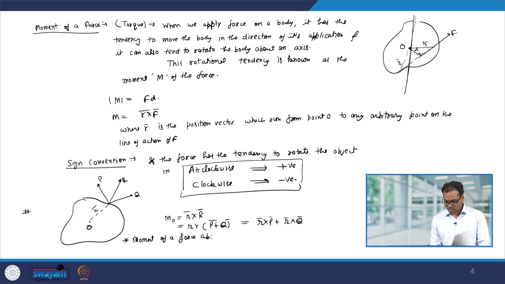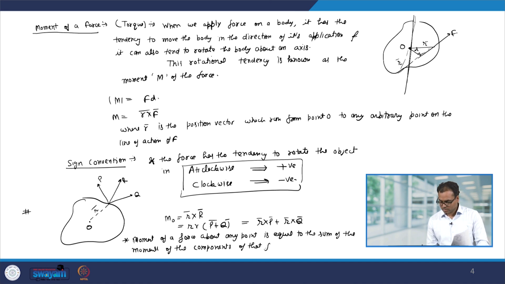This means that the moment of a force about any point is equal to the sum of the moments of the components of that force about the same point.